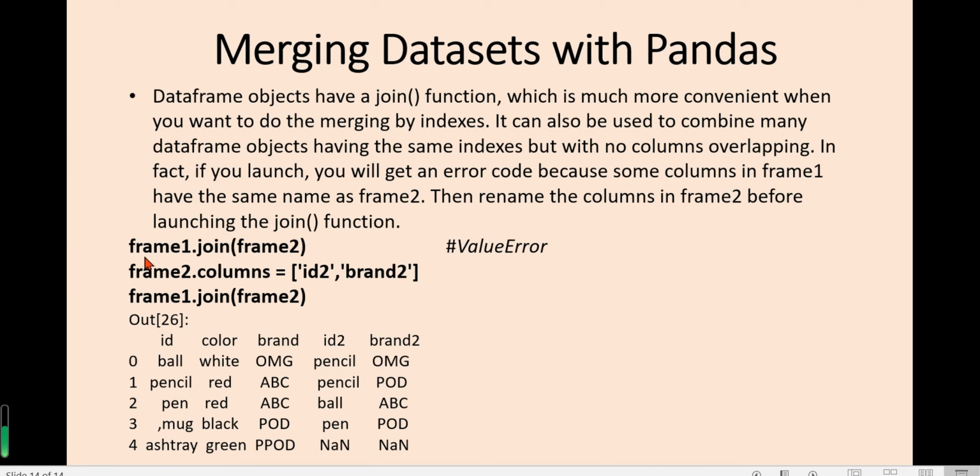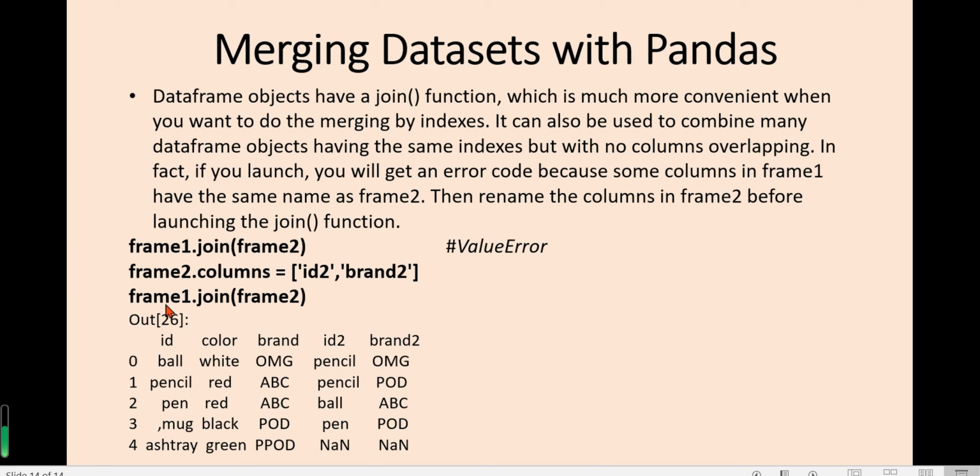So if we just write frame1.join frame2, it will do a merging by index. But because these two data frames have some column variables which have the same name, it will give a value error. So first we have to change the column names. For example, we change frame 2 to these two names, which are different from the column names in frame 1.